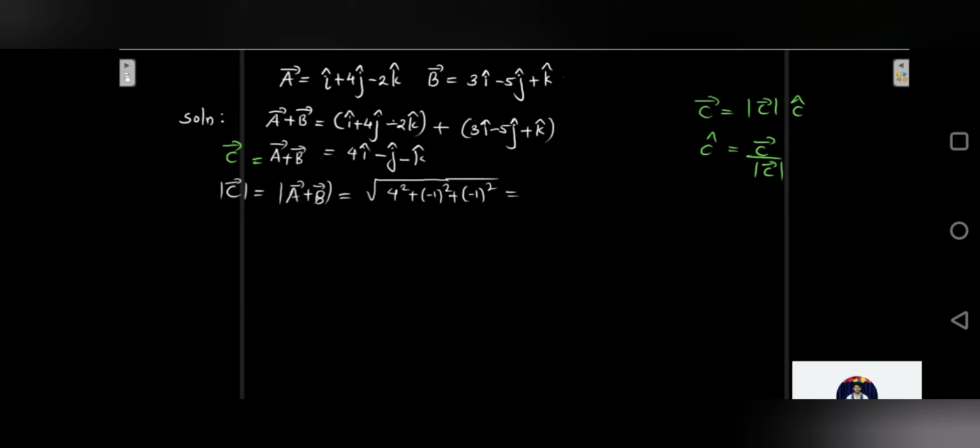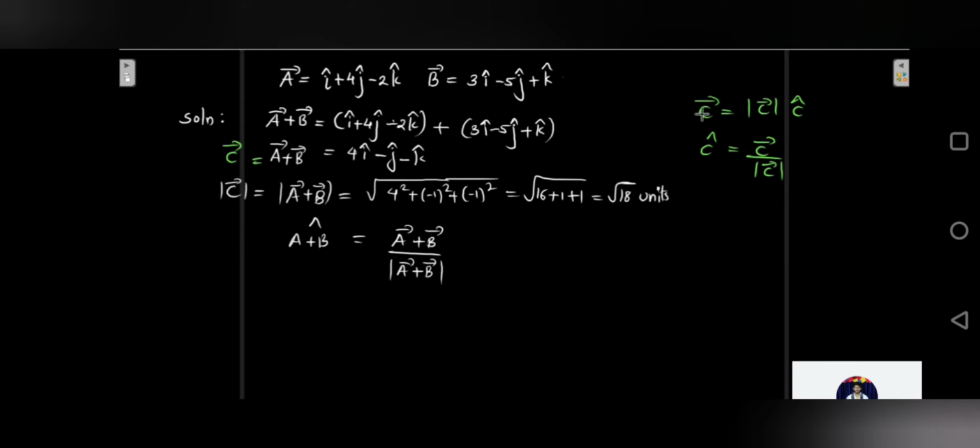That is going to be root of 16 plus 1 plus 1, that is root of 18 units. This is going to be the magnitude. So what will be c cap over here, or a plus b cap over here? That is going to be a plus b vector divided by magnitude of a plus b.